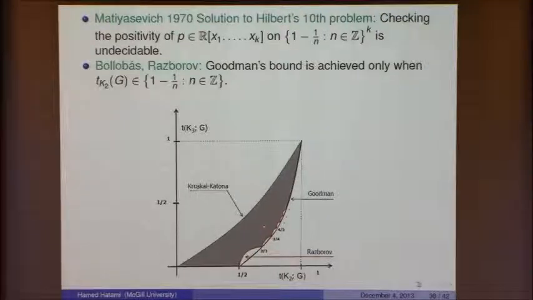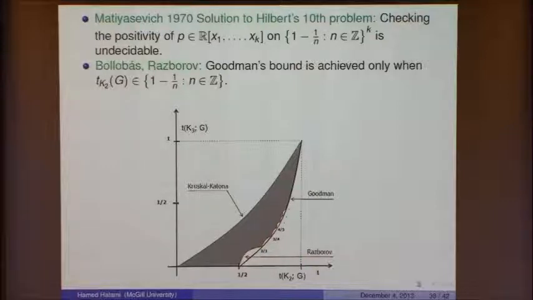And this gray area is all the possible densities that can be achieved using graphs or graph limits. So it's a closure of everything I can get with graphs. Any point here, I can find a graph limit whose edge density is the x coordinate and whose triangle density is the y coordinate.